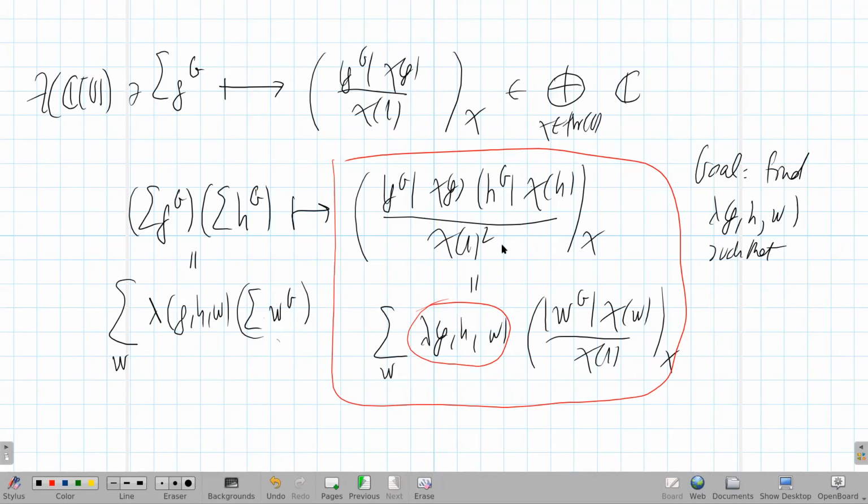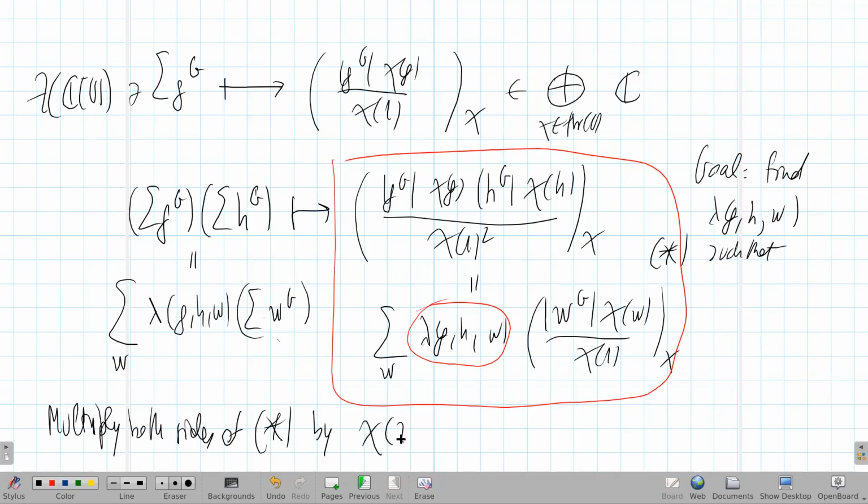So we multiply both sides of this object by chi z inverse chi 1 for a fixed z.